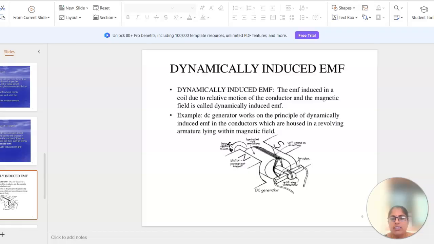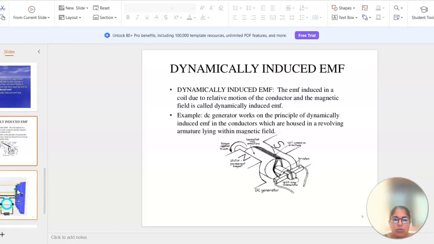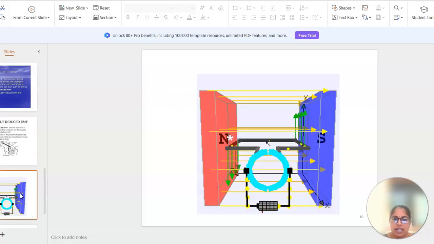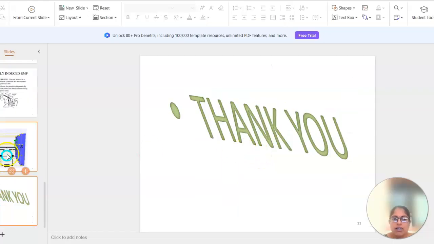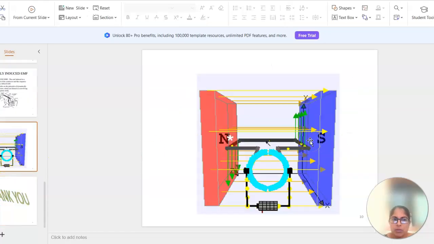So to create a change in flux, the conductor is moved in a magnetic field. Due to the movement, the conductor cuts the flux lines in the magnetic field. This creates a rate of change of flux. Due to this rate of change of flux, we have an induced EMF. This induced EMF is called dynamically induced EMF.